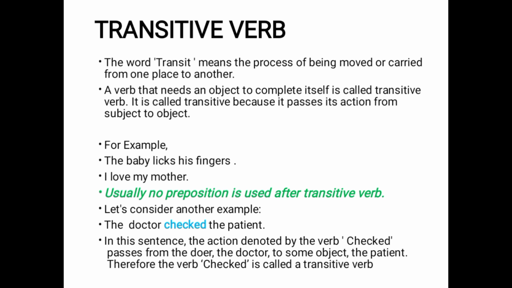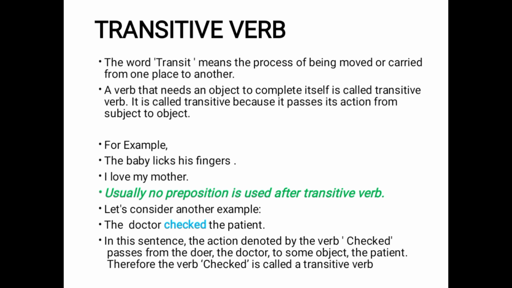I love my mother. In the same manner, if I use the subject and the verb and no object, the sentence will be incomplete. I love what? I need to mention the object. I love my mother. Usually, no preposition is used after a transitive verb. Let's consider another example.